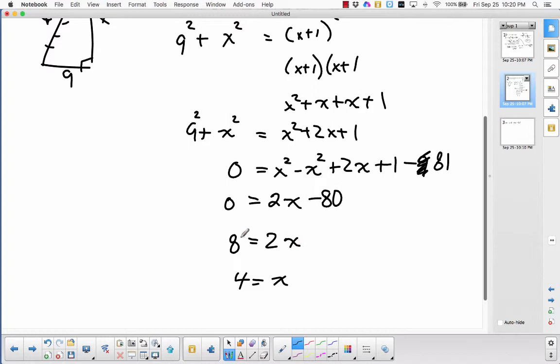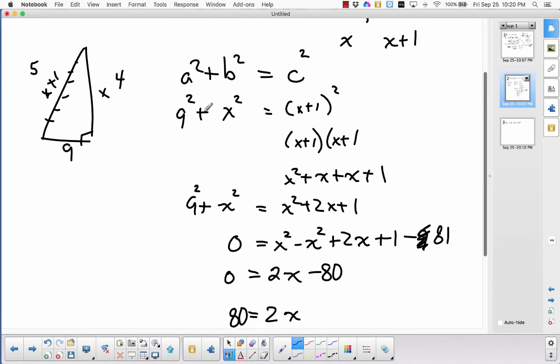Then I move the 80 over to the other side, divide both sides by 2, and I get 40. 40 sounds a little better. So x is 40, and that means this one is 1 more than that, so it would be 41. That sounds better. Hopefully that helps.